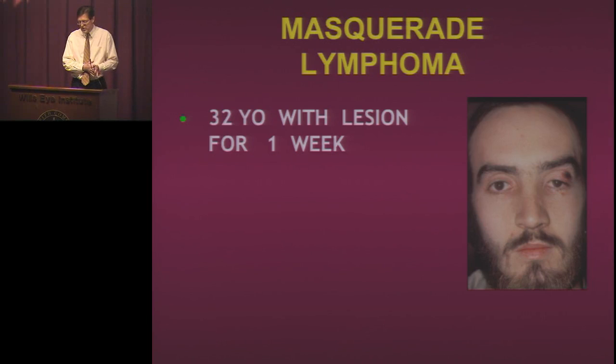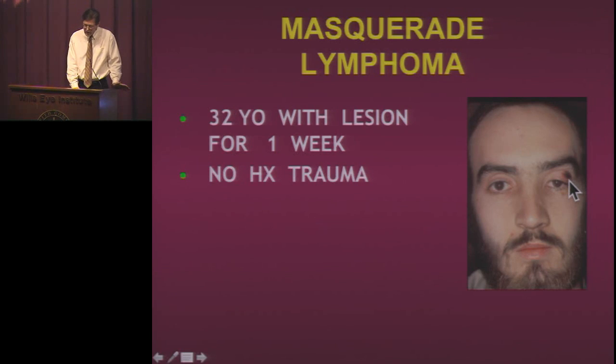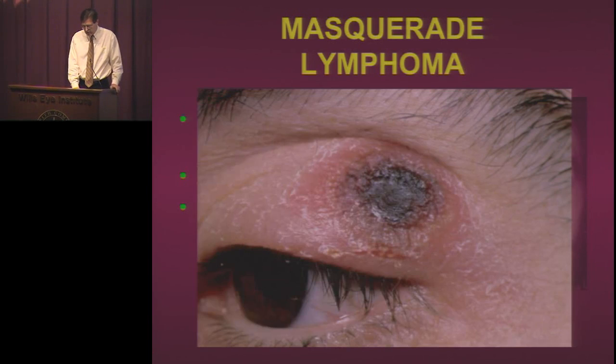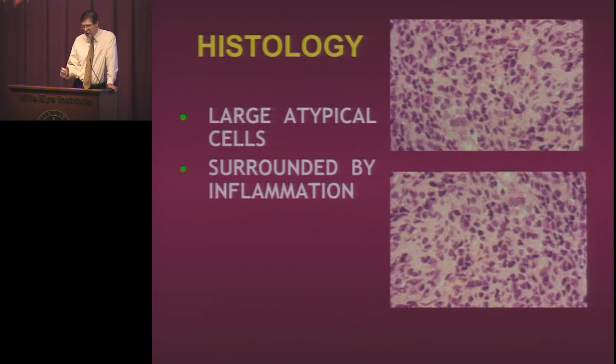This was a person who I swore I thought had melanoma, which he didn't. This is a 32-year-old man who comes in with a week's history of having this lesion of his upper lid, and he has no history of trauma, which I thought it was probably an infection or trauma when I first saw him. Then I looked closely, and this is what it looked like. The tissue was excoriated, it was breaking down, and I did biopsies of it, and they showed large atypical cells surrounded by inflammation.